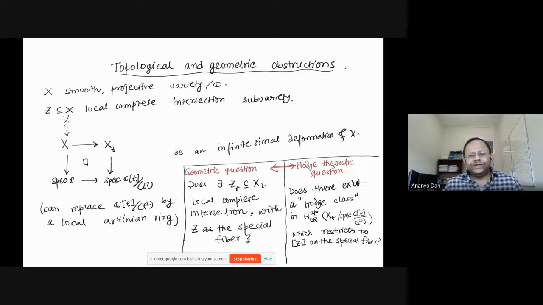The advantage of doing this is that it is slightly more computable, because some of the computations boil down to computing the local cohomology on points. And also it gives us a slightly better understanding of what is going on, how to go from this geometric obstruction to the cohomological obstruction.